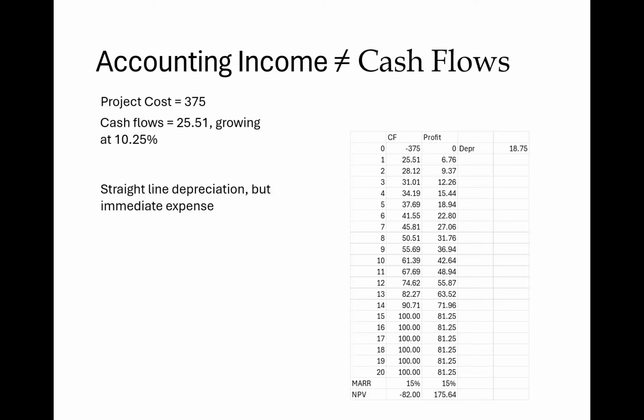But the financial manager considers it to be an immediate cash expense, whereas the accounting department, for the sake of profitability of the organization, will consider the depreciation part and not the cash flow aspect. So that's the accountant's perspective. Now, the problem here is, how do you find out the net present value at 10.25%?